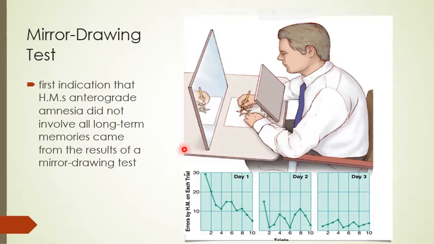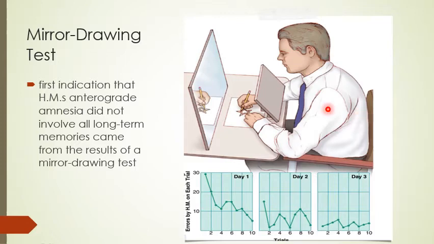Diba kay kung nawala gyud completely ang long-term memory, then dapat dili siya mo-improve sa iyang performance. In other words, kay ni-improve man siya, that means HM learned, nakakat-on siya ani nga task. But if imo siya pangutan-on, maka-recall ba ka sa time nga gipahimo ka og mirror drawing test, dili siya ka-recall. So there are two aspects of memory as you can see in this test.